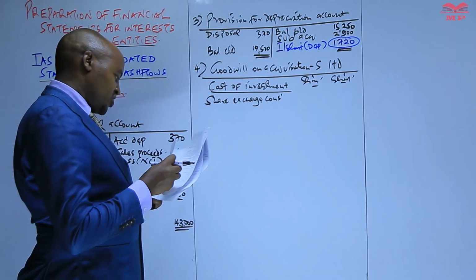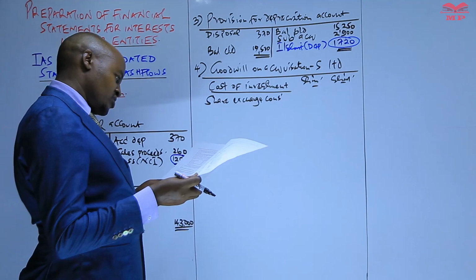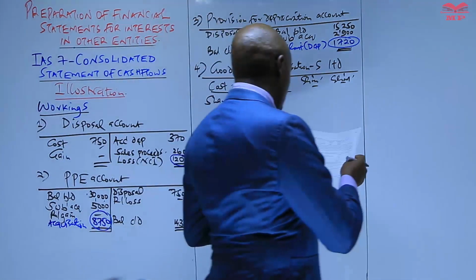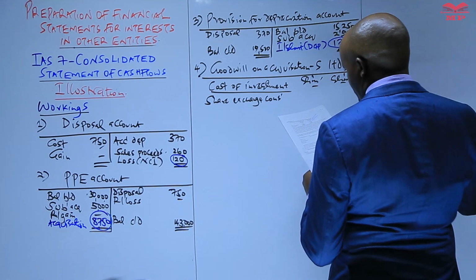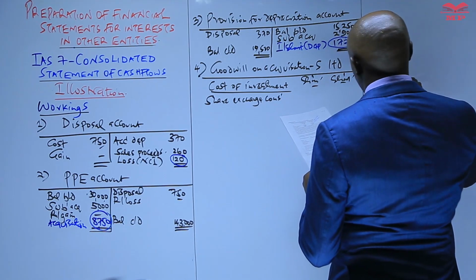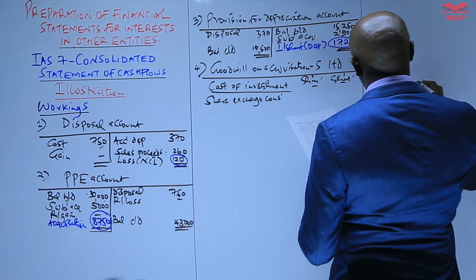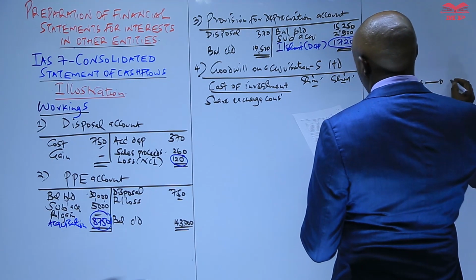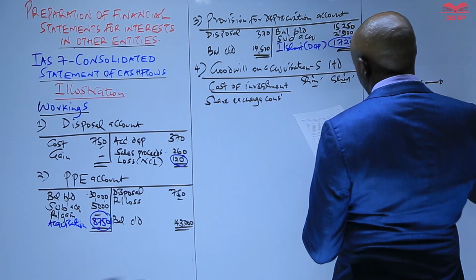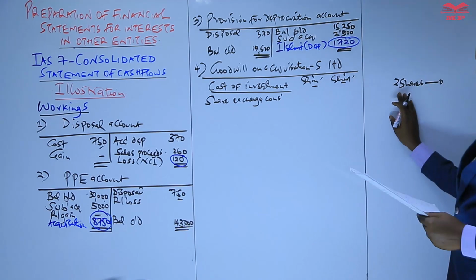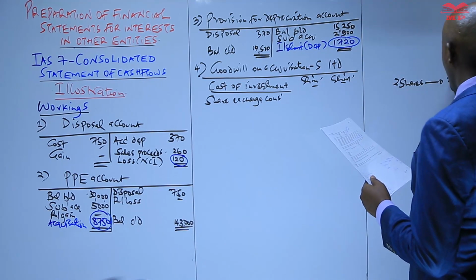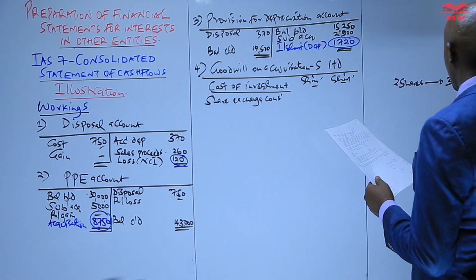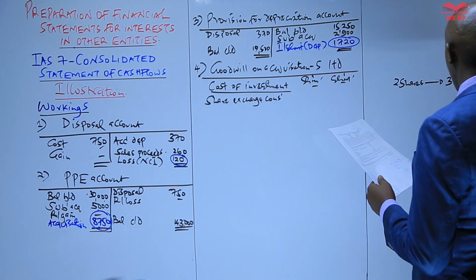and basically that share exchange consideration we are told was a share exchange on the basis of 2 shares in G Limited. So the parent company was to issue 2 shares for every 3 shares which were acquired.